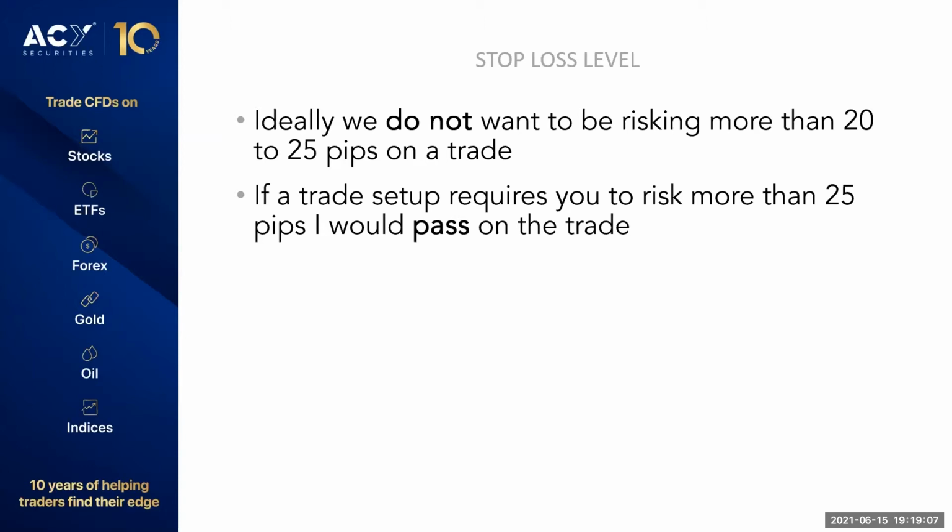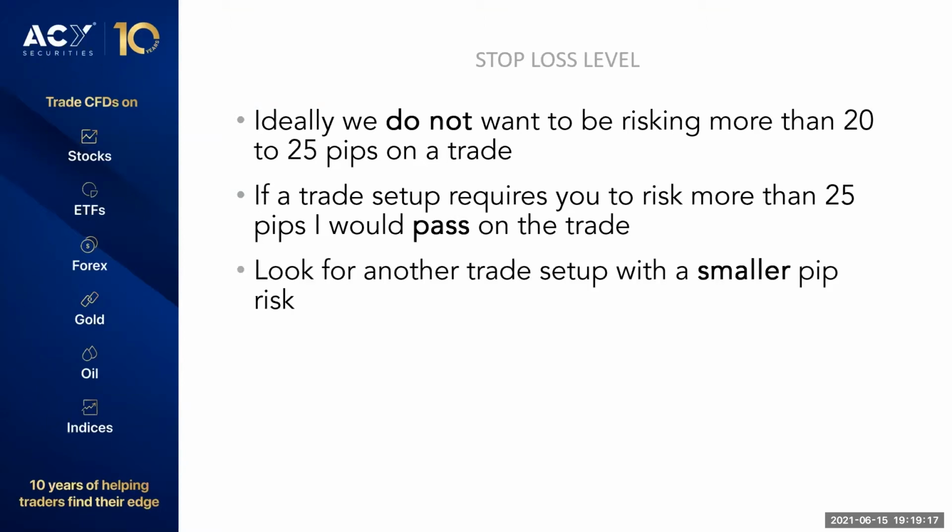But generally speaking, if a trade setup requires me to risk more than 25 pips, using this setup, I would pass on the trade. Just go and look for another one, with a smaller pip risk. And that can be hard if you've been waiting a while for a trade setup and then you see something set up, but it's all about being disciplined.